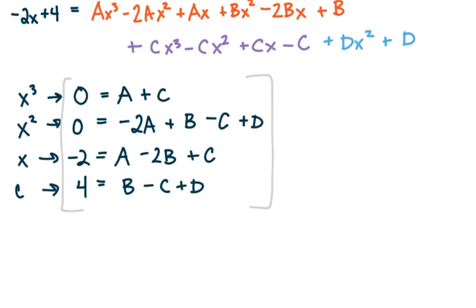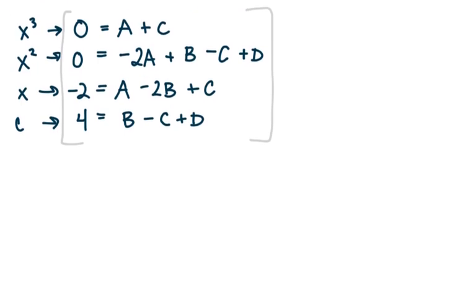All right, so in this situation, I'm going to set my matrix up, and we're going to think about this as having A, B, C, D. We'll have our bar for our augmented matrix, and then a constant.